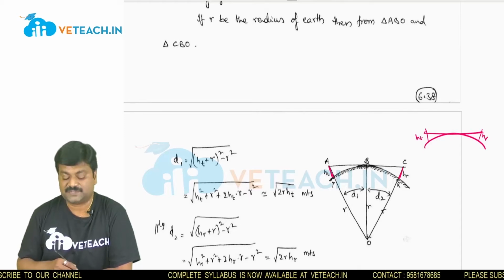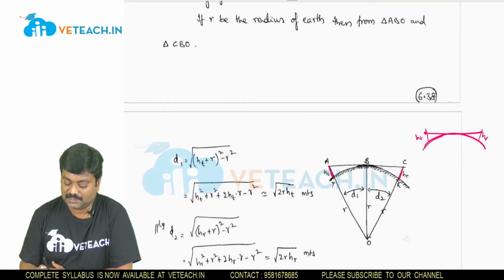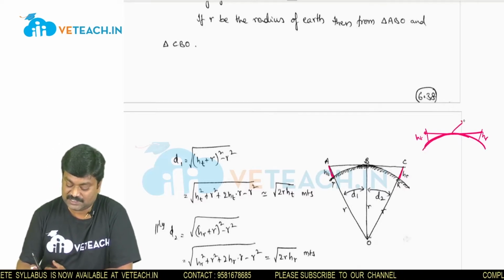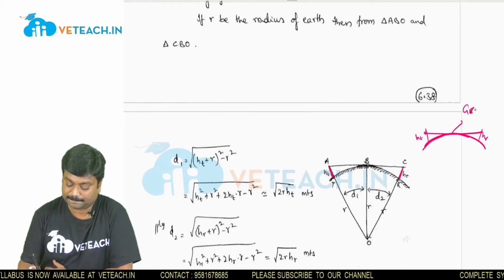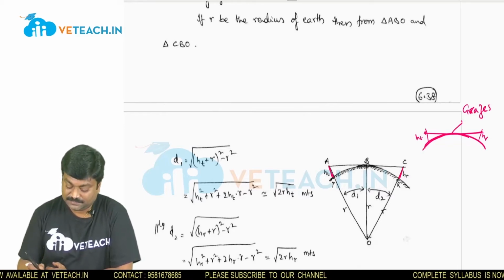and I am touching the line of sight here from A to C. Whatever signal is crossing just grazes the earth surface. Remember, this is called grazing the earth surface.